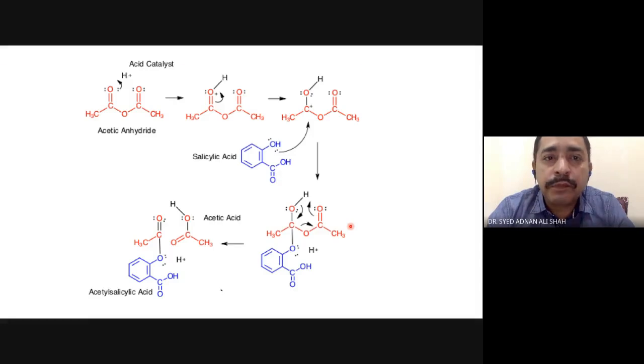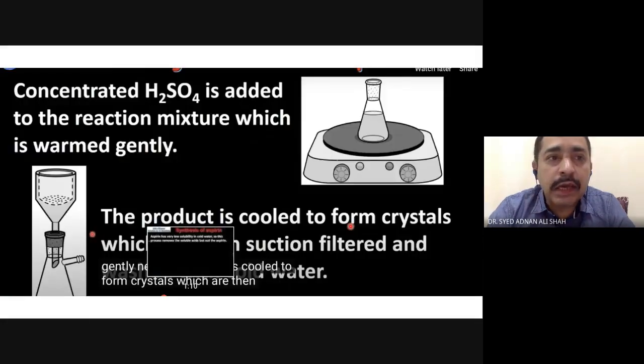Now you can see in the case of the synthesis of aspirin, first they add the acetic anhydride and the salicylic acid, and after this they add the sulfuric acid.